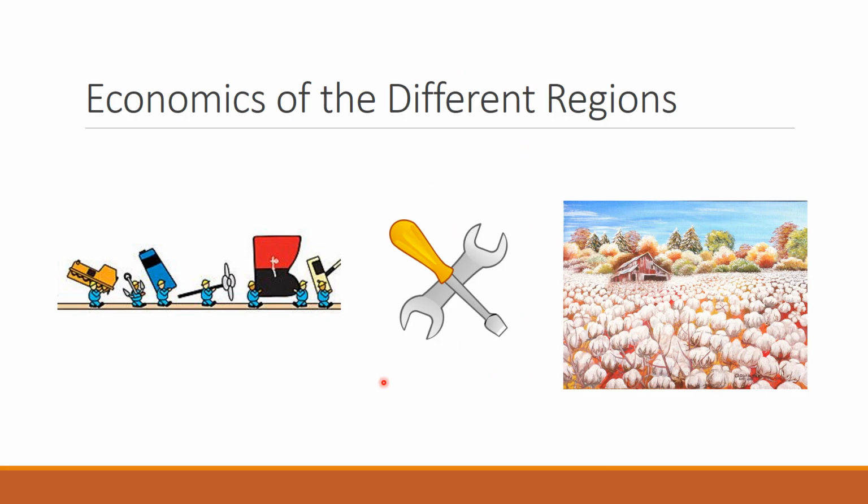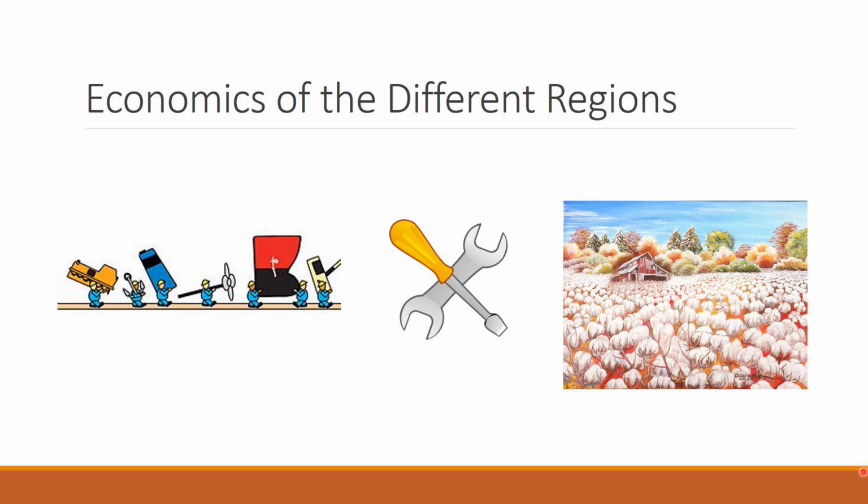Now we have the economics of the different regions. The northern colonies of New England concentrated in manufacturing, in town life, and industries such as shipbuilding and the manufacturing of rum. The southern colonies concentrated on agriculture and developed slave plantations, and they exported tobacco, cotton, indigo, rice, sugar, corn, vegetables, grain, fruit, and even livestock.